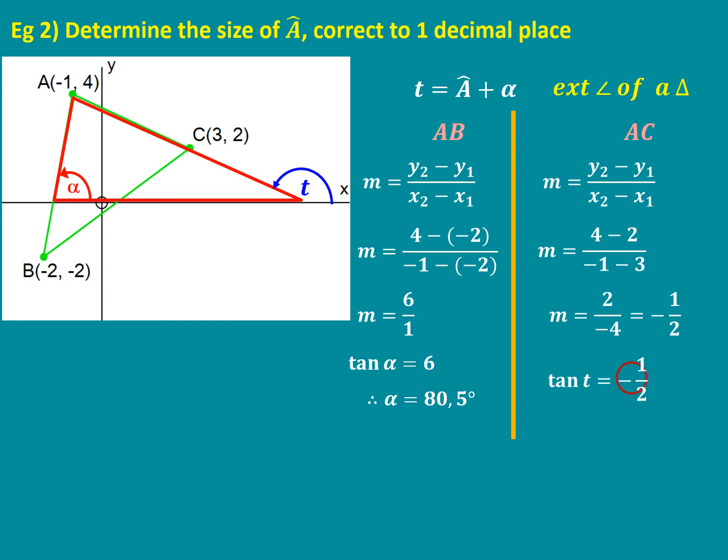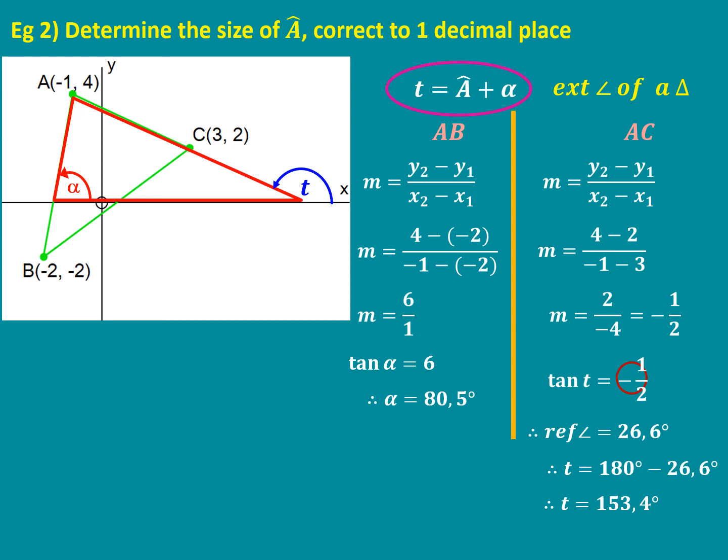Remember, you have a negative, so you have to remember to work with the rule in the second quadrant. I need a reference angle first. So shift tan a half, and I get a reference angle of 26,6 degrees. To work out angle T, it will be 180 minus 26,6 degrees. So angle T is 153,4 degrees.